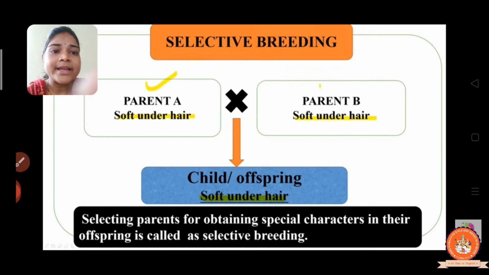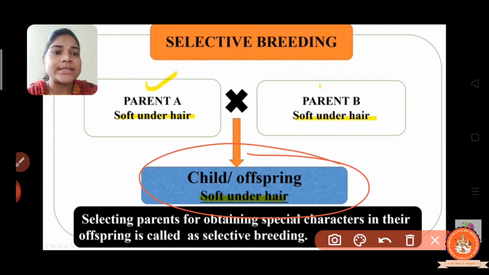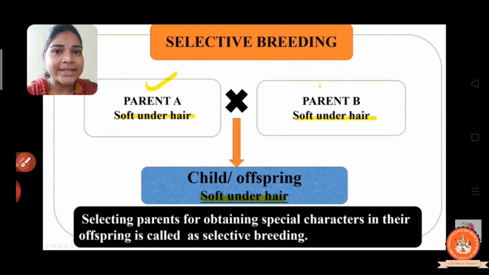That's why the child and offspring are also soft under hair, and from soft under hair sheep we get wool, right? For example, if your mother is tall and your father is also tall, there is a probability that you are also tall.